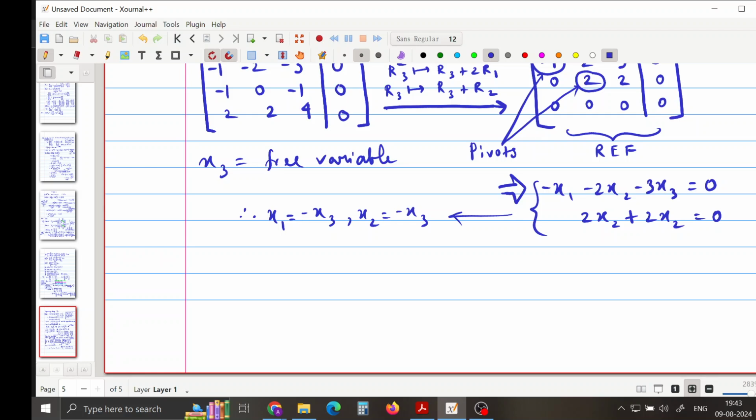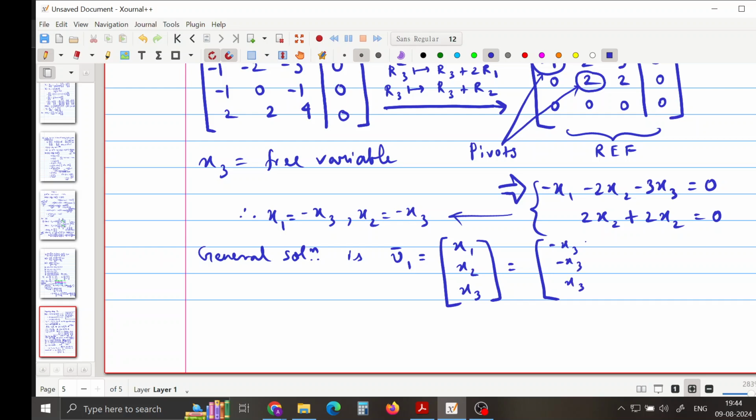So now you have the eigenvector. The general solution, clearly there are infinitely many solutions. We were finding v1. Remember, that was this vector: minus x3, minus x3, x3.